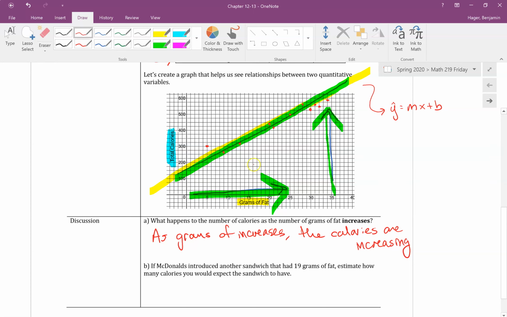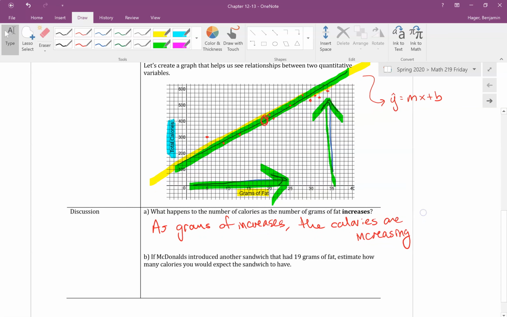If I were to find 19 grams of fat, that's right here, I'm just going to draw up to this imaginary line I drew. I mean, to me, that would be around where we would expect the number of calories to be. So the line I drew just randomly happened to cross right at 400. I think it's got to be around 400 calories, give or take some for sure, but it would be close.